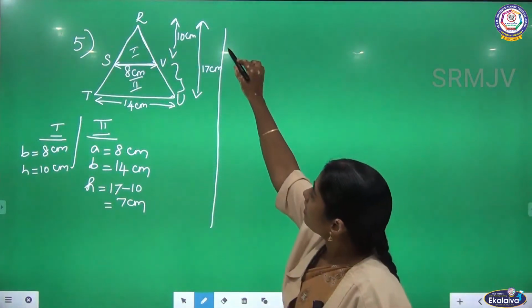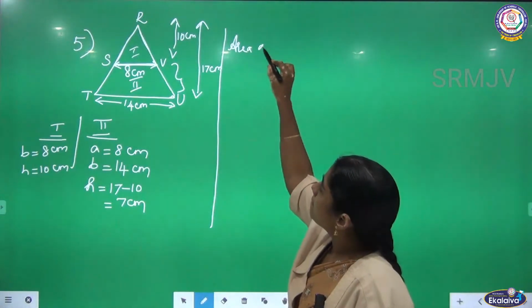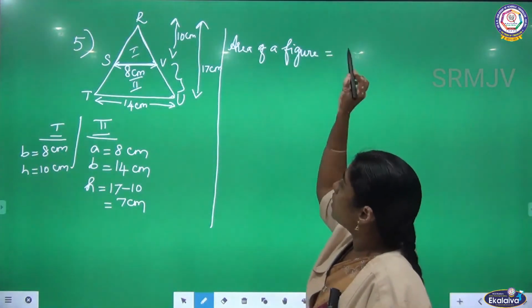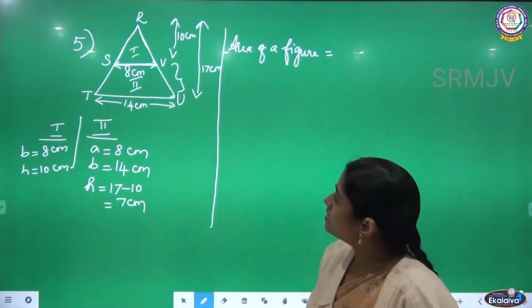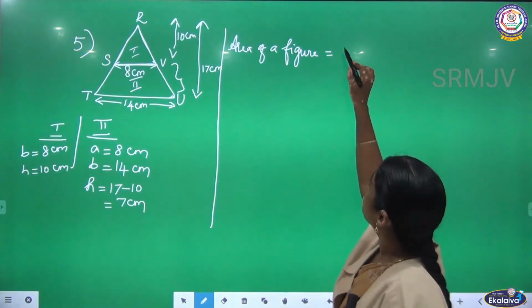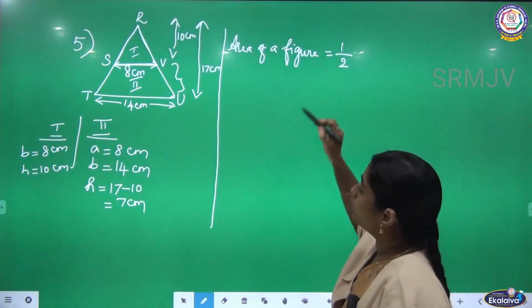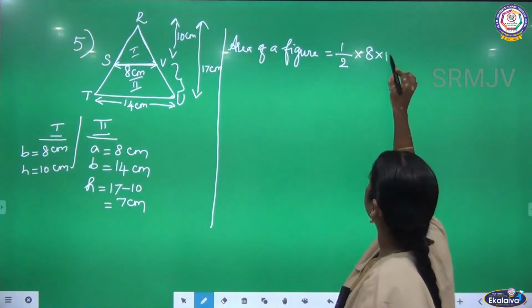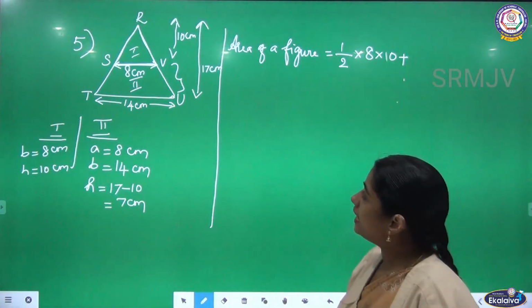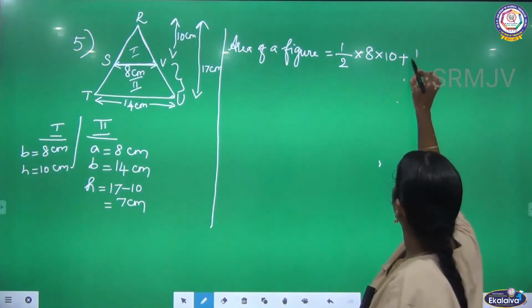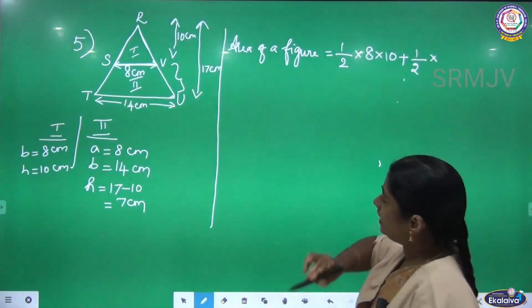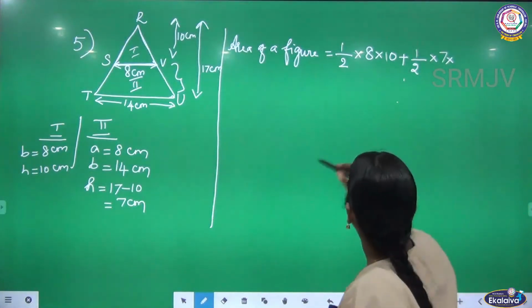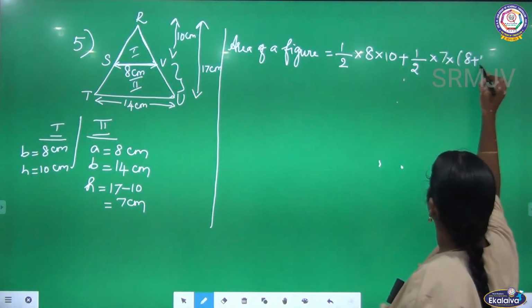Listen, area of a figure is equal to, what is this? Triangle. So half into base into height plus trapezium, half into height into 7 into 8 plus 14.